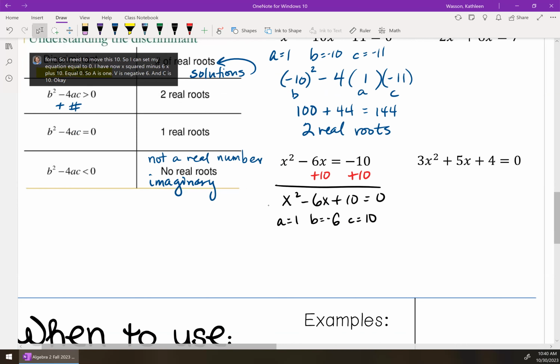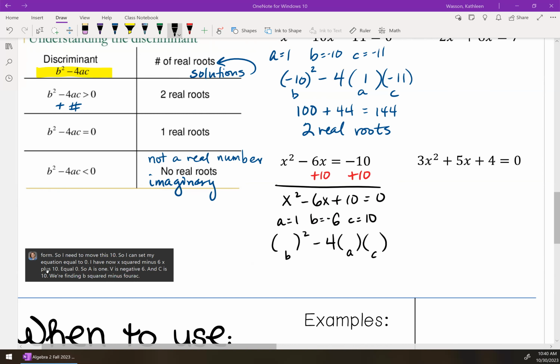We're finding B squared minus 4AC. So, all right, -6 squared minus 4 times 1 times 10. And -6 times -6 is 36. Minus 4 times 10 is minus 40. I get -4.